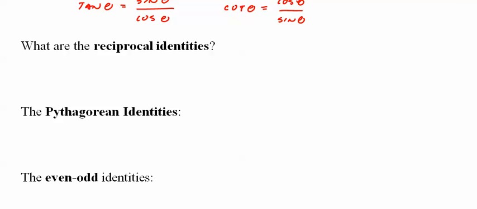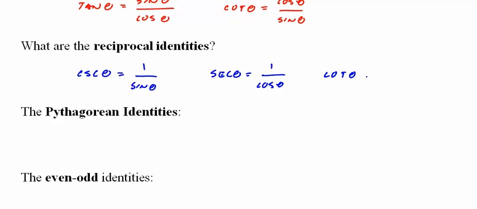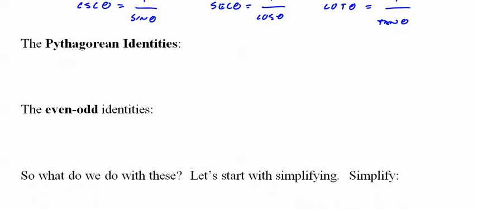Reciprocal identities are the three, and the reason we write these down is they do come in handy. Quite often I will write down everything in terms of sine and cosine, just to make it a lot simpler to look through.